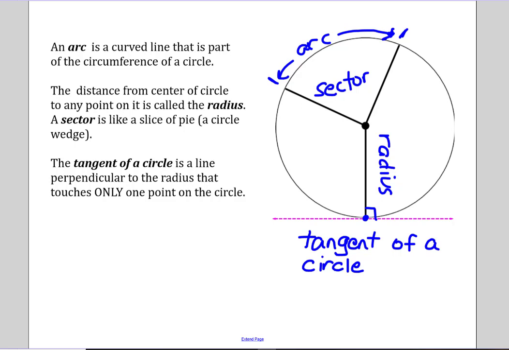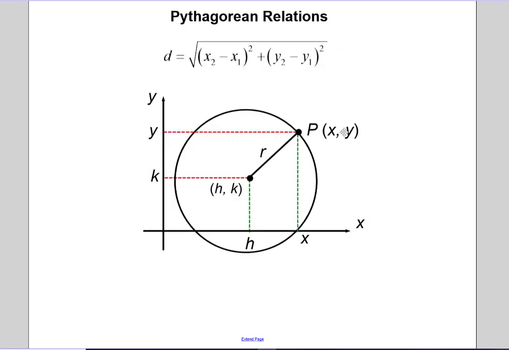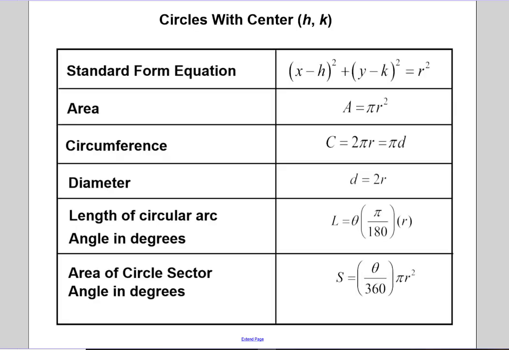So in the next example, you see the Pythagorean relationships. Here's the distance formula in case you've forgotten that. You have your h, k as the center of the circle and your radius here. Again, your set of notes would be blank, so you may want to turn them off.